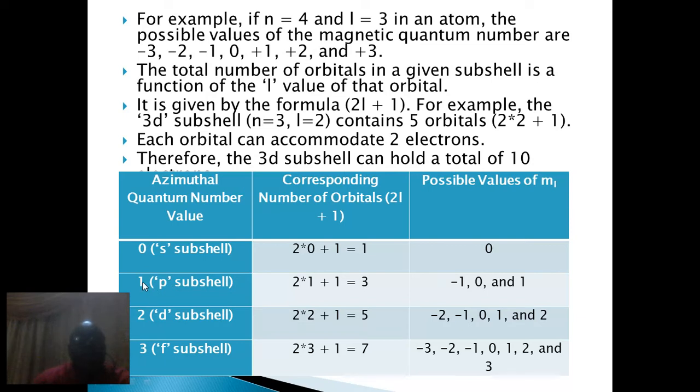If L is 1, you have the P subshell. That is 2 times 1 plus 1, which is equal to 3. You have minus 1, 0, and 1. If it is 2, you have the D subshell: 2 times 2 plus 1, 5. Minus 2, minus 1, 0, 1, and 2. And for the F subshell, you have 7 suborbitals in F.